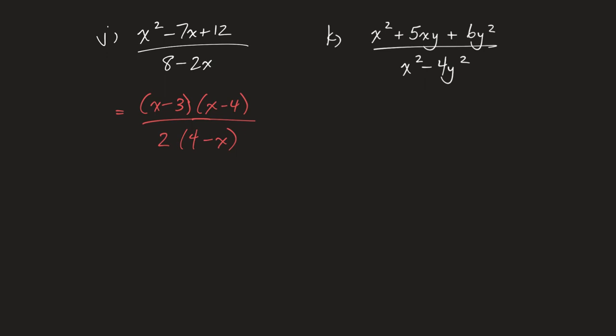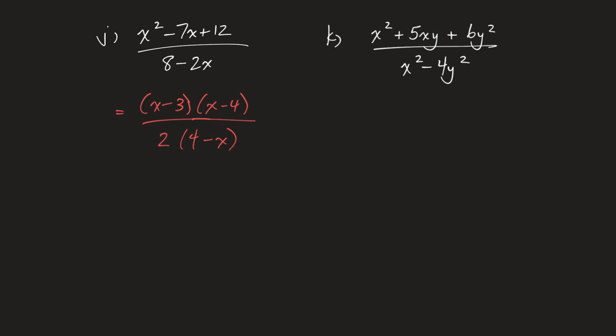And I'm hoping that we can see that we can actually reduce this. It just requires a little bit more of our factoring skill. If we acknowledge that x minus 4 and 4 minus x are really close to being common factors, they just have the opposite signs, then how can you change the sign of something?